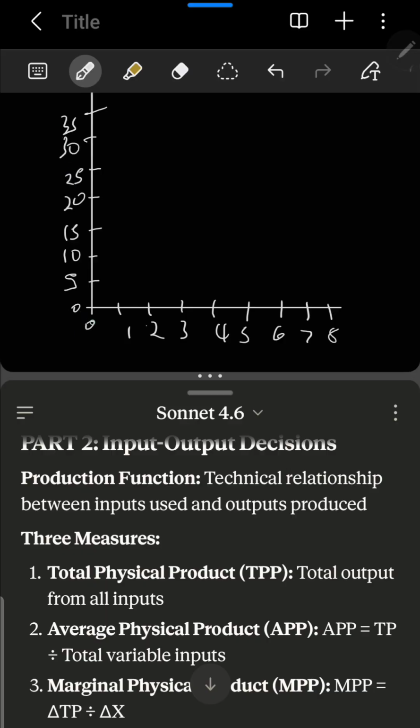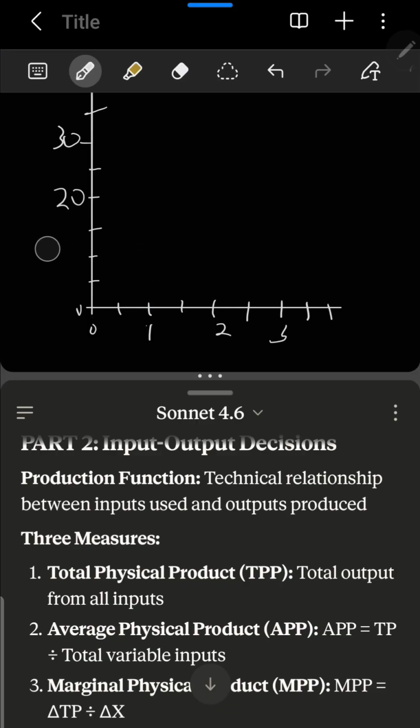The drawing is too small, it's hard to see it. Let me redraw with 1, 2, 3 and 10, 20, 30. Same thing, 5, 10, 15.